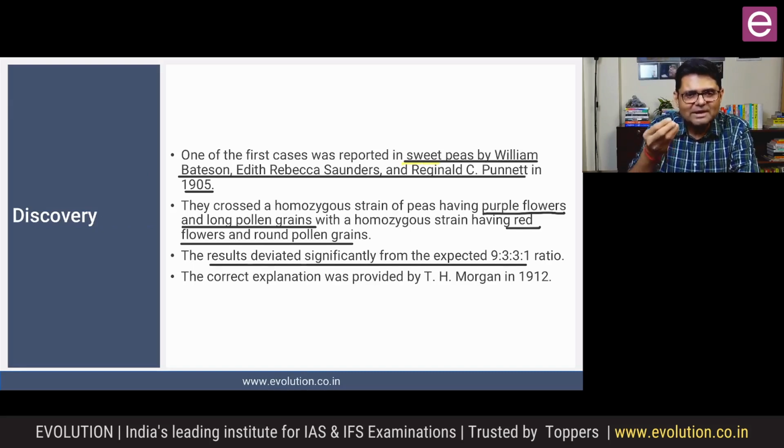But what will be the number of recombinants? Will it be 6 out of 16? Because 9, 3, 3, 1 is 16, and recombinant 1 is 3, recombinant 2 is 3, so it is 6 out of 16.